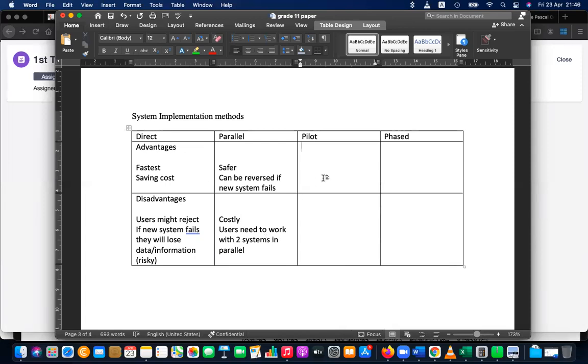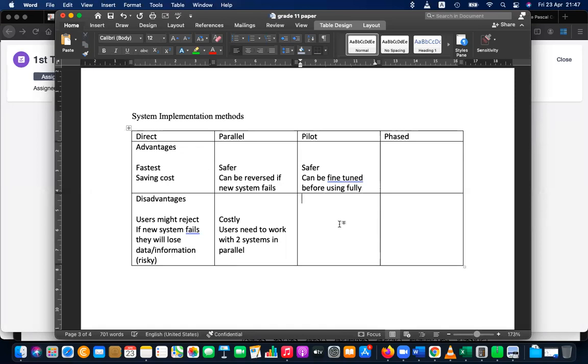Pilot. Pilot is also a safer way. It can be fine-tuned before using it fully.